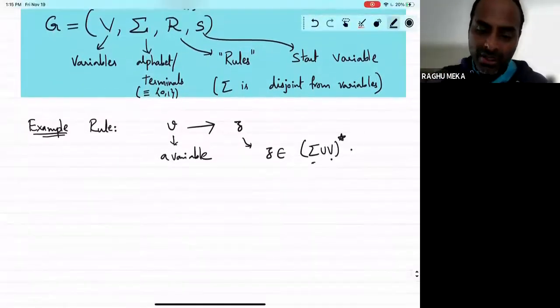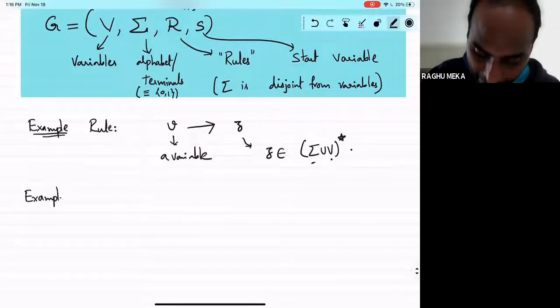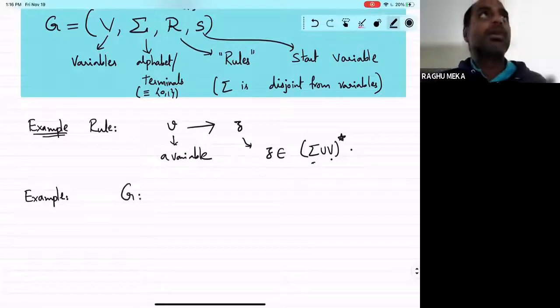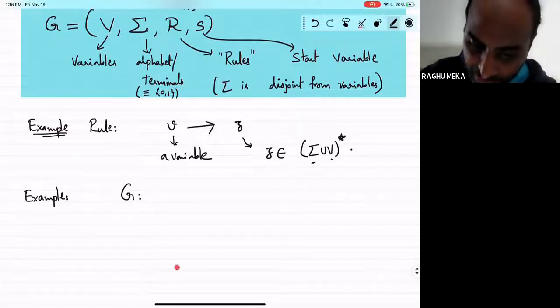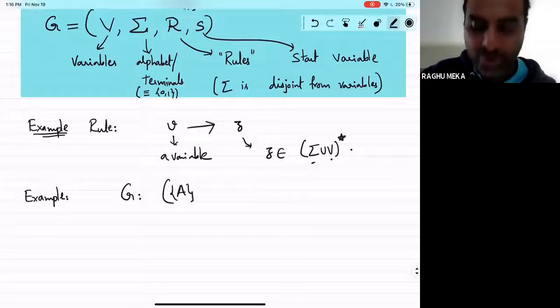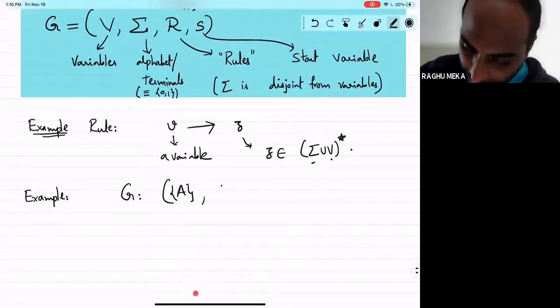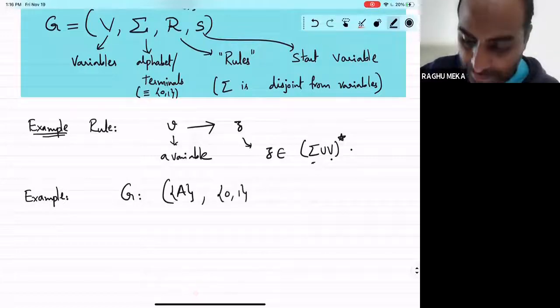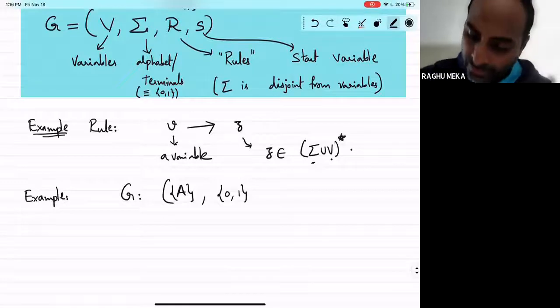Okay. So let's do an example. So the grammar is the following. There's only one variable, A. The space of terminals is just 0, 1.